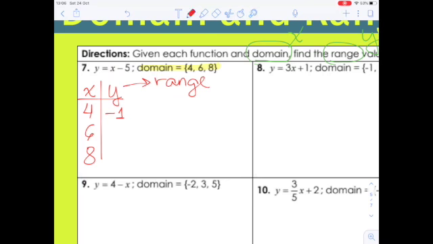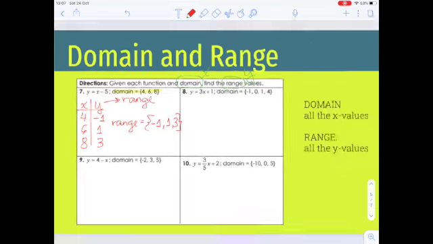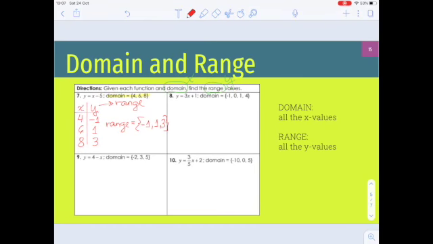If I plug in 6, 6 minus 5, positive 1. And 8 minus 5 would give me 3. All done. This means that my range, you have to write out your answer, right? Your range would be negative 1, 1, and 3. All right? Pretty simple, pretty straightforward.